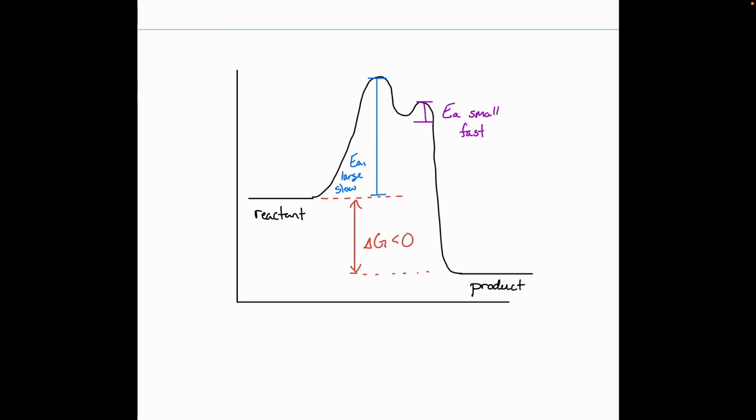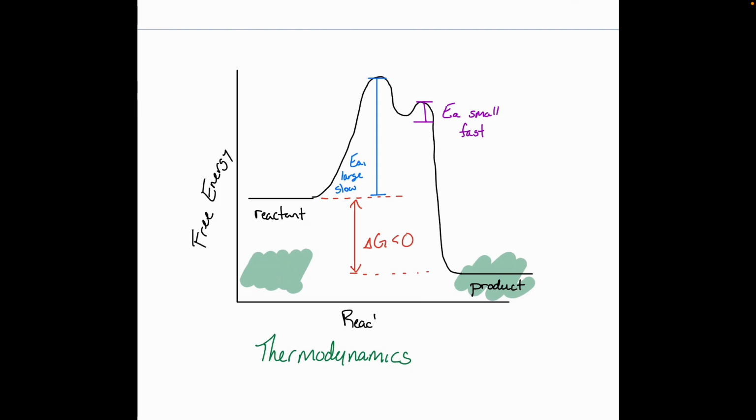Cool. So again, the endpoints correspond to the thermodynamics of a reaction. It just illustrates whether or not this reaction is spontaneous or non-spontaneous. My y-axis for these diagrams here is free energy. My x-axis is reaction progress or reaction coordinates.